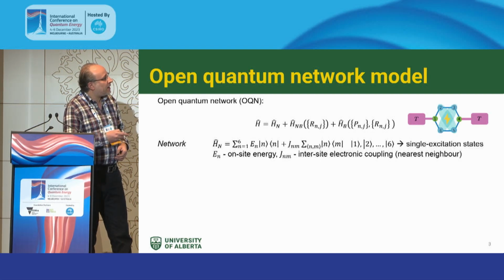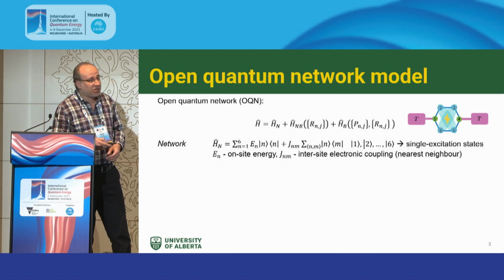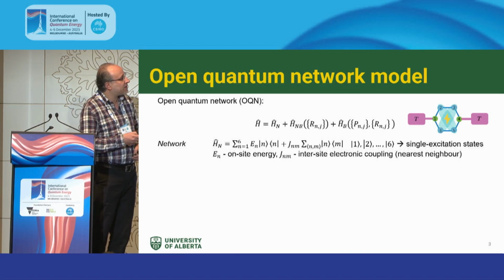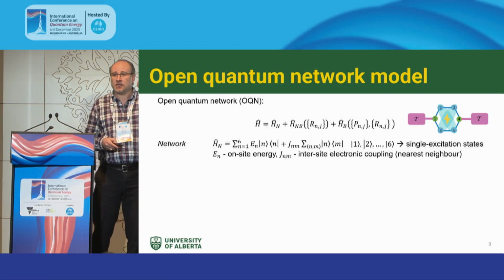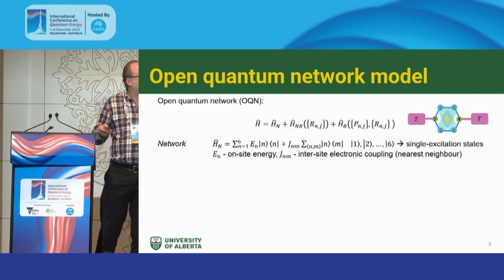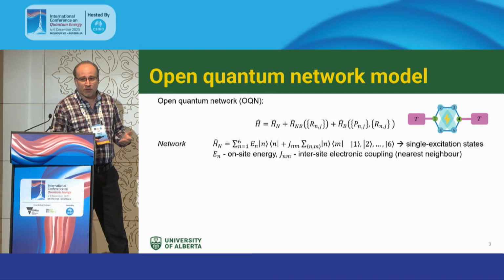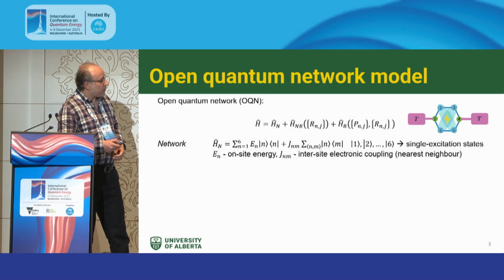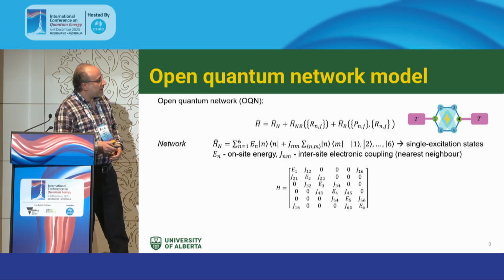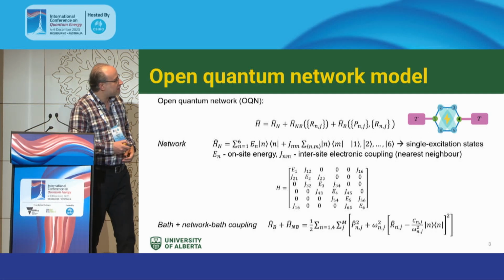And the states that appear here in the Hamiltonian are single excitation states. So for example, state 1 means that I have an excitation on site 1, and all the remaining sites are in their ground states. Okay, so that's what the Hamiltonian matrix looks like with the nearest neighbor couplings.